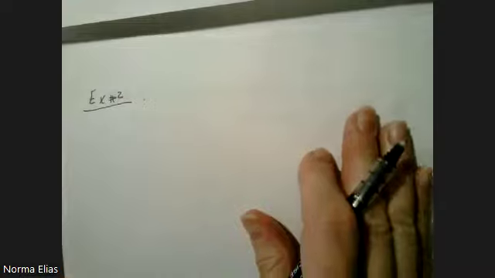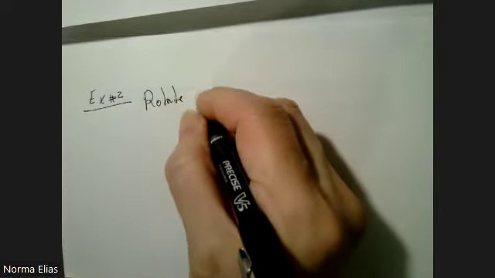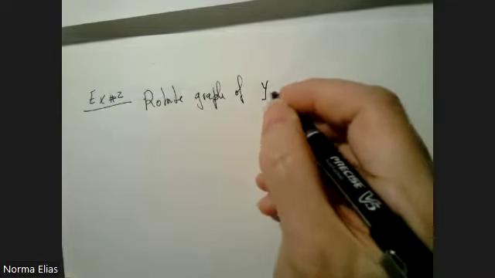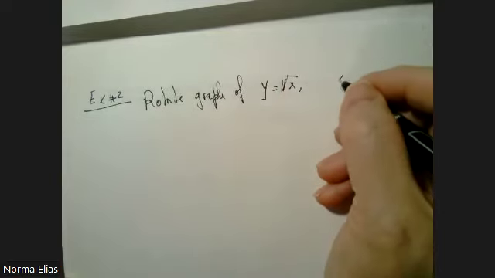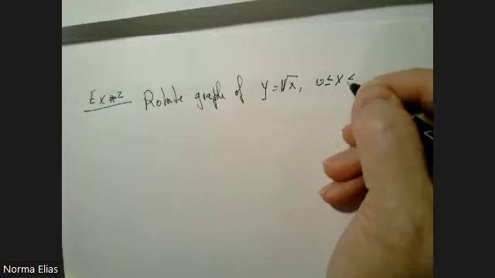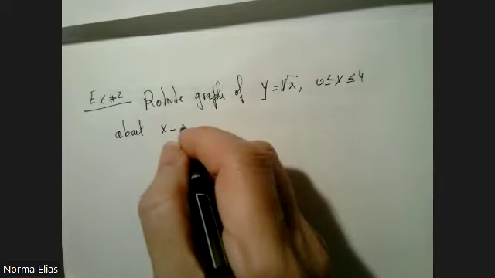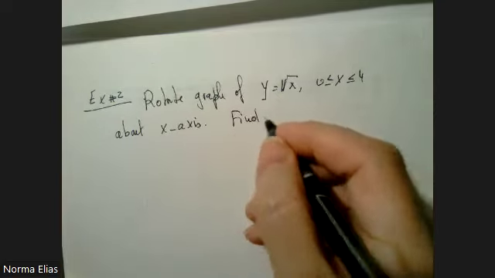So we're gonna rotate the graph of y equal square root of x for x between 0 and 4 about the x-axis, and find the surface area of the resulting solid.